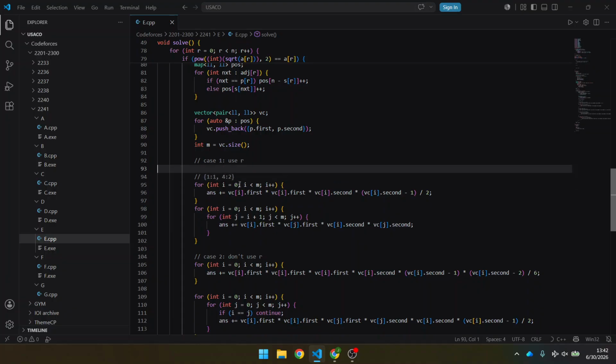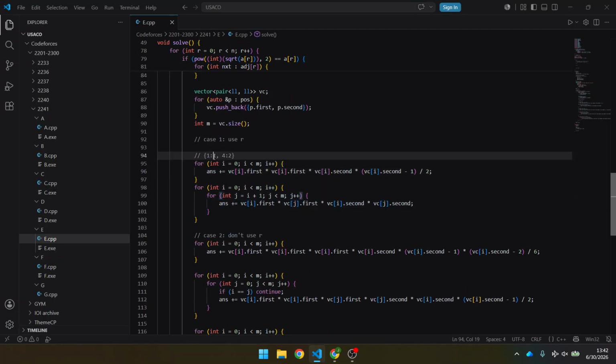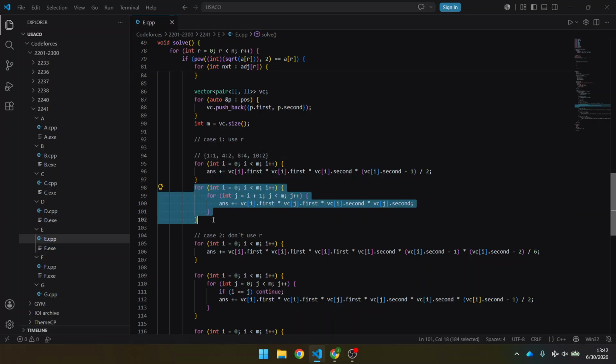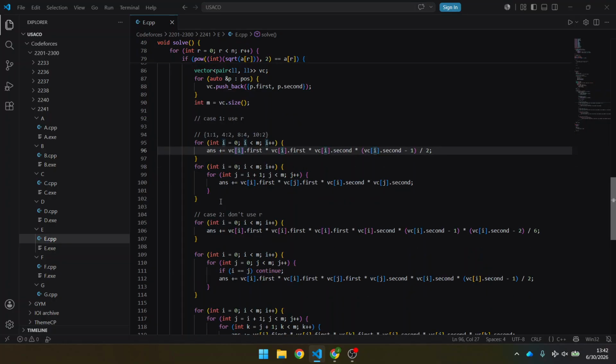So the first case is if we use two of these or two of these, right? So this is just this. The second case, if we use one from here and one from here, right? Let's say there's like something else like eight, four, and 10 and two, right? And we choose one from here, one from here, and just so on. So this is m squared and this is m, right?